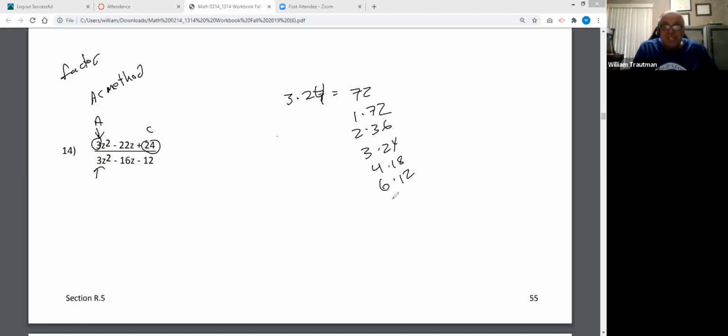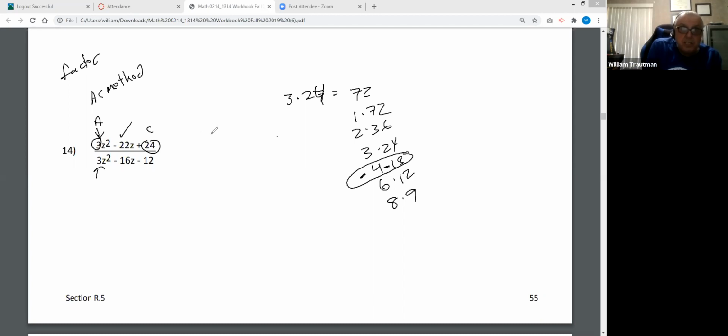And finally, 8 times 9. Which one will give me a negative 22? This is the only one that gives me a negative 22 when I add and a positive 72 when I multiply them.